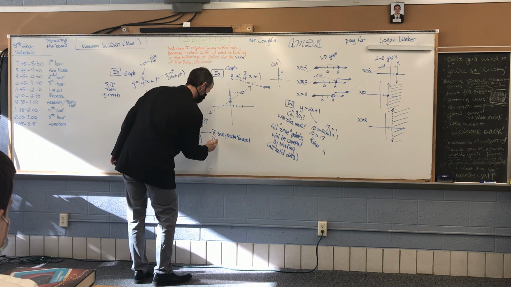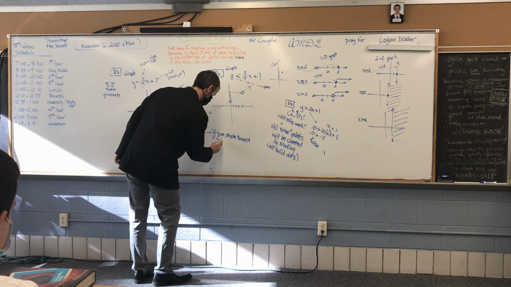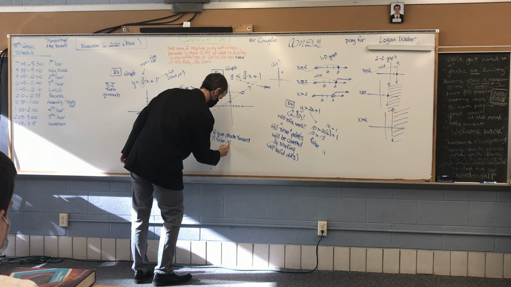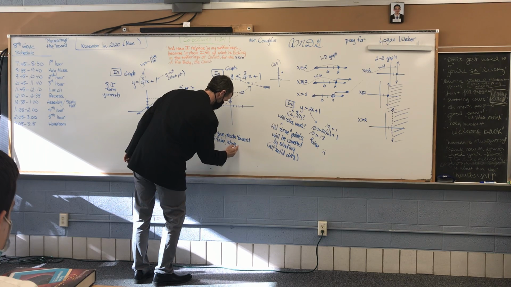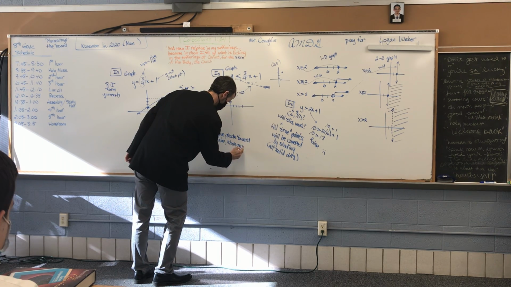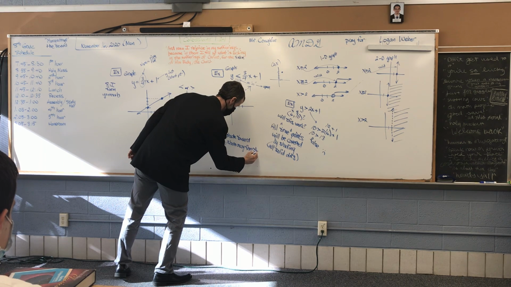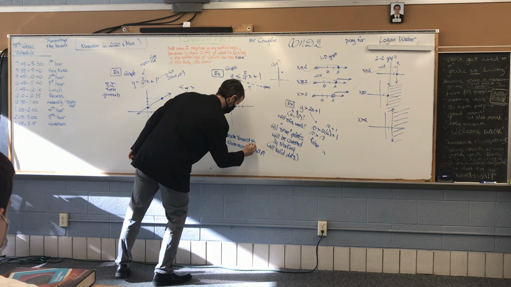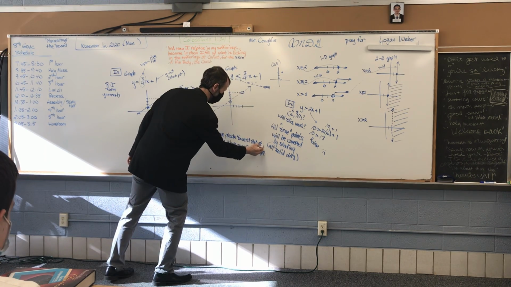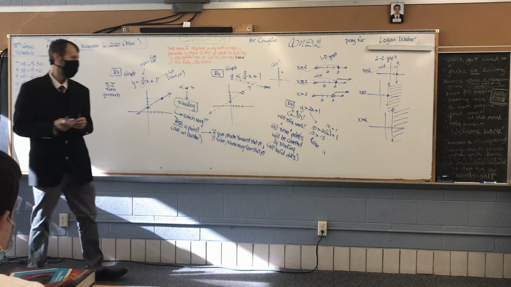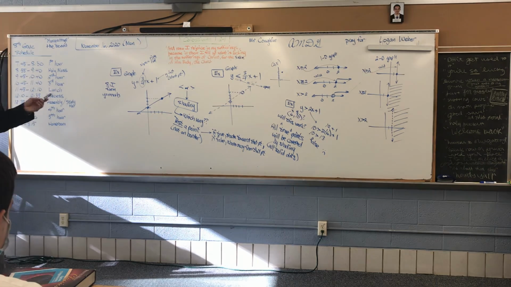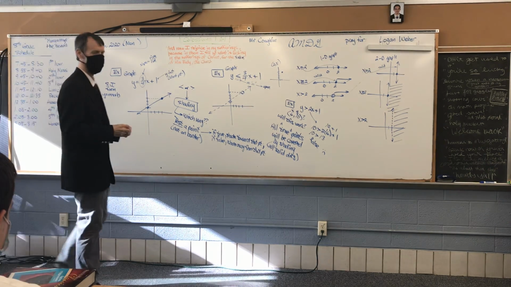If it's false, you shade away from that point. You can pick any point you want as long as it's not on the boundary.